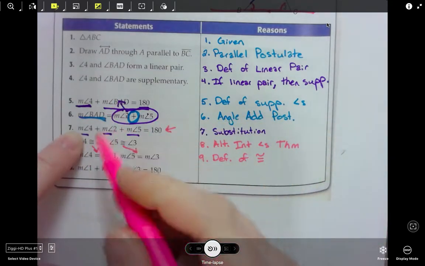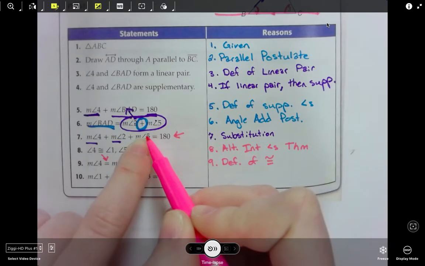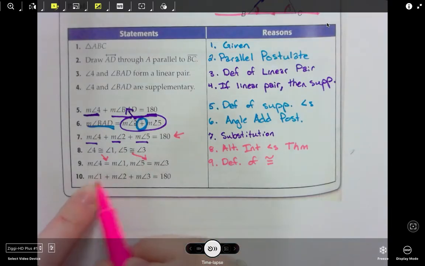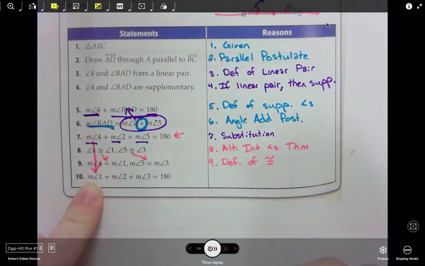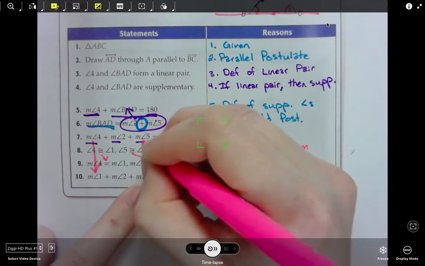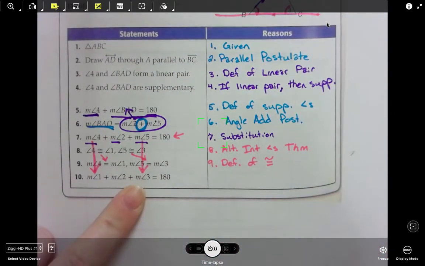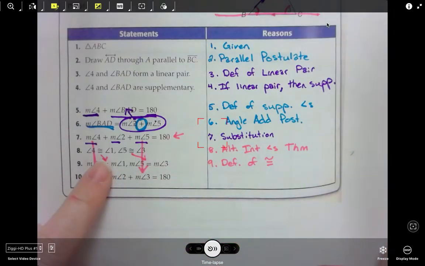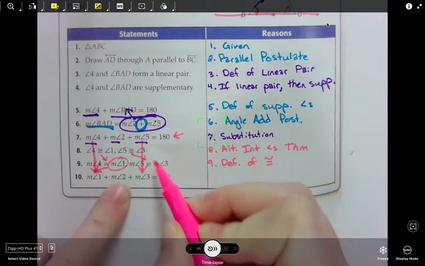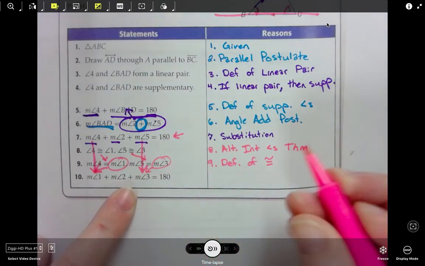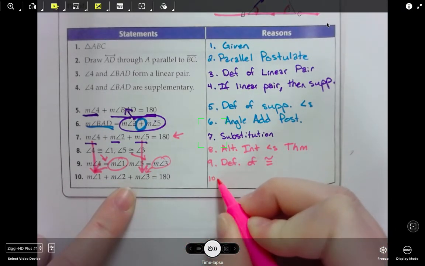Okay, but this one we said angle 4, angle 2, and angle 5 are 180. Here we're saying 1, 2, and 3 are 180 because this angle 4 is being changed to angle 1, and angle 5 is being changed to angle 3 because they're congruent up here. So basically what we did was we took angle 1 and slapped him in this spot, and angle 3 and slapped him in that spot. And that was just another substitution.